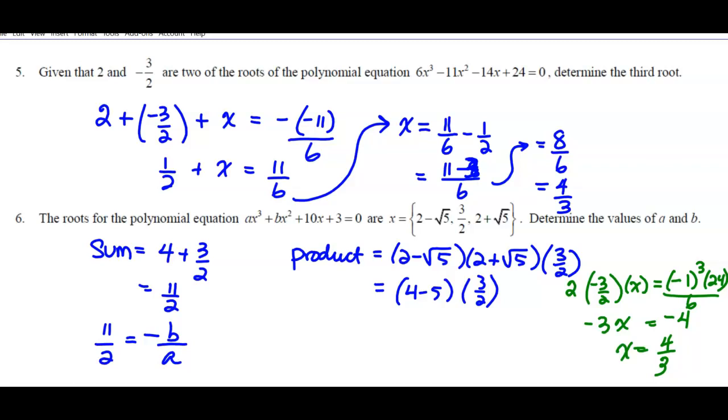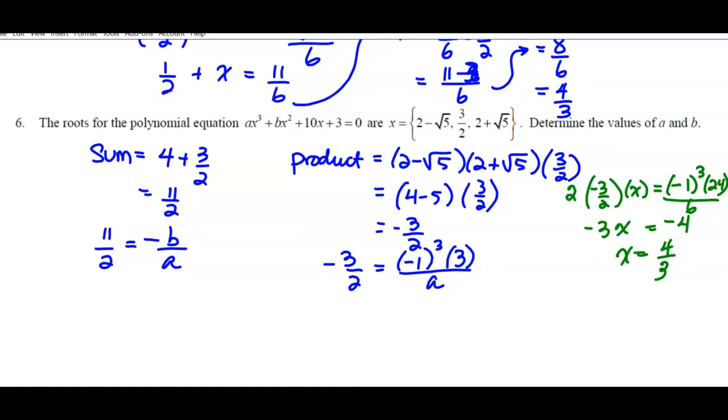So rearrange the roots if you need to. So that's going to be negative 1 times 3 over 2, which is negative 3 over 2. So negative 3 over 2 equals negative 1 cubed times 3 over A.